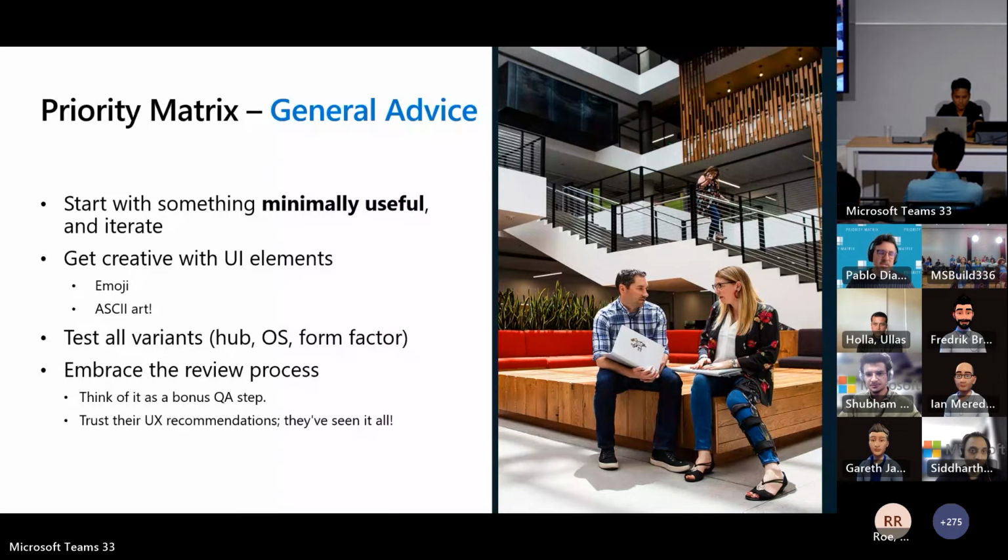Also, this should go without saying, but test every possible variant and combination of hub, operating system, and form factor. Even though there's a lot of consistency between hubs, there are different implementations, and sometimes a small change that is innocuous on one platform might break your rendering on iOS, for example. Again, this is improving over time, but of course, don't trust the documentation, verify.